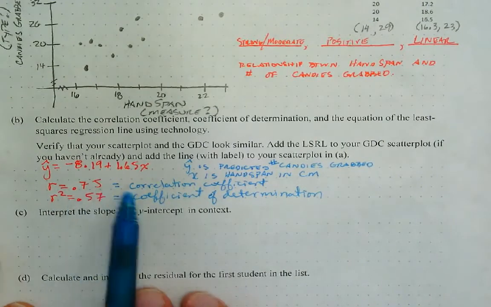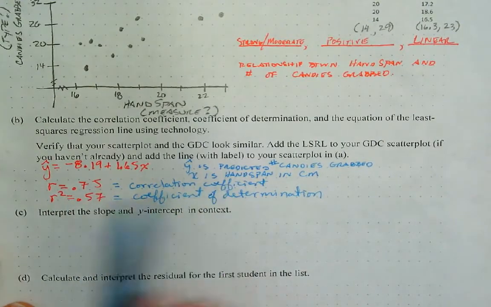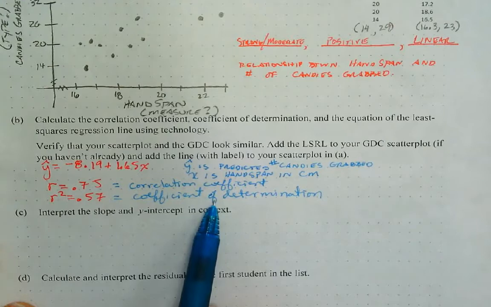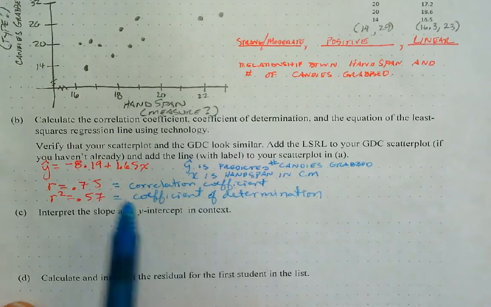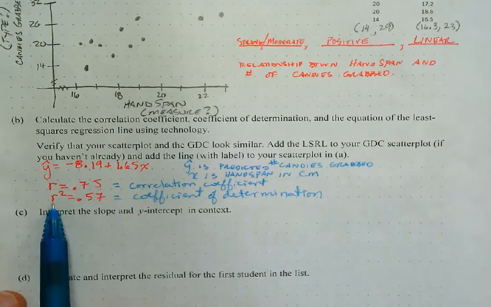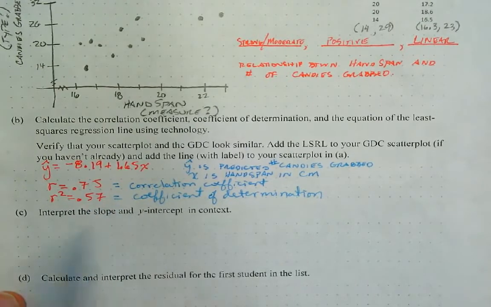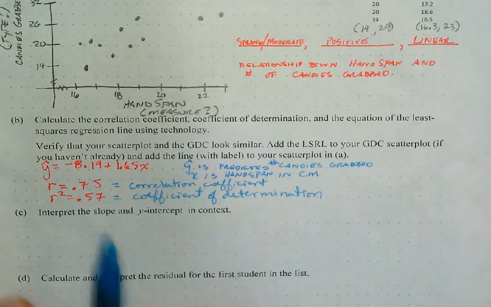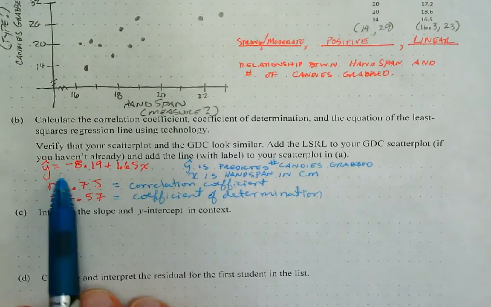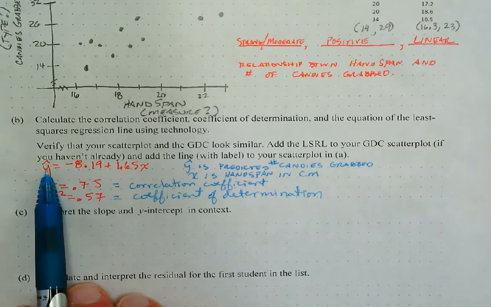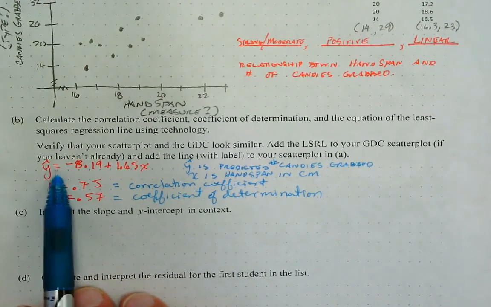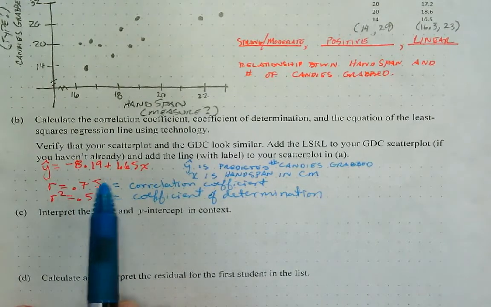R is that correlation coefficient. R squared is that coefficient of determination, okay? What does R squared represent? R squared represents the percent of the relationship of the predicted value that can be explained by the linear model.